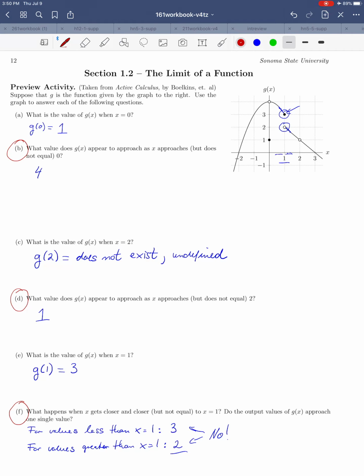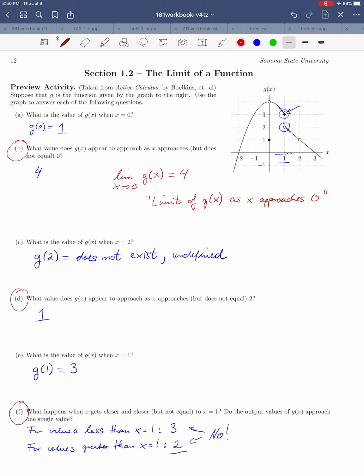So in part B, we were computing the limit as x approached 0 of our function g of x. So we call this a limit, and we found that the limit as x approaches 0 of g of x is equal to 4. We say this is the limit of g of x as x approaches 0. This is how we read this expression.